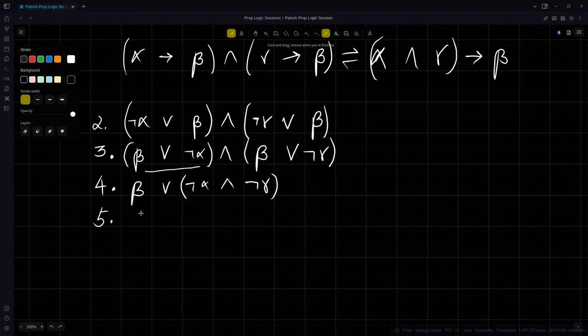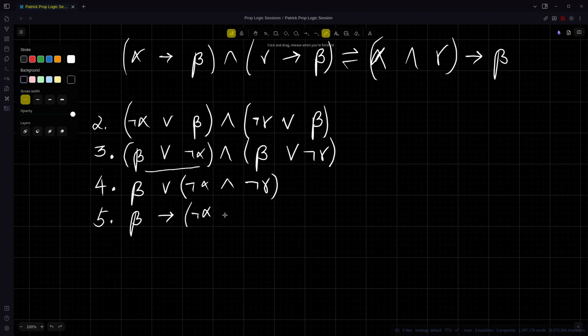Okay, we can try that. So then beta implies not alpha or not gamma.